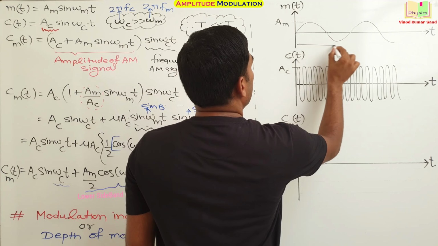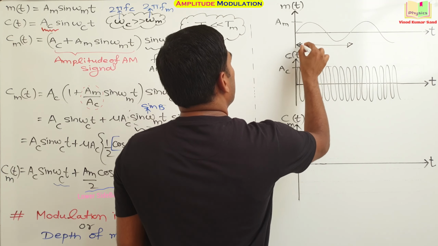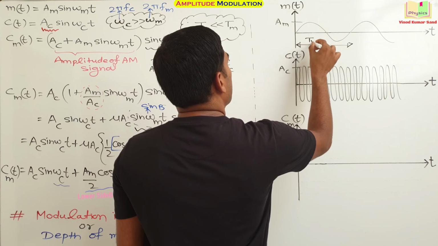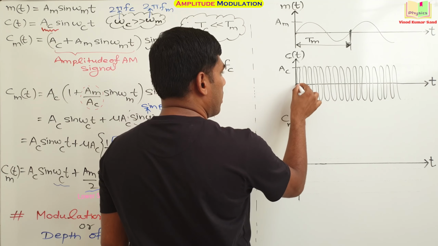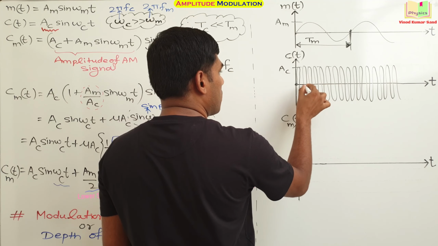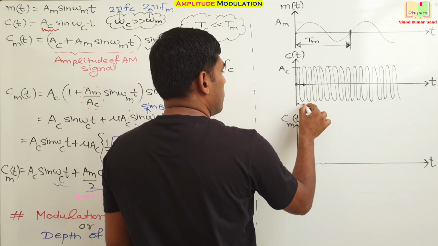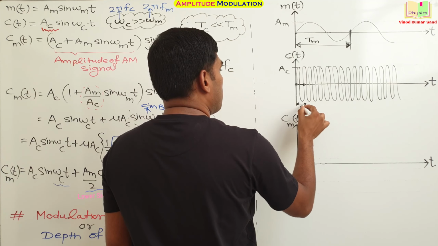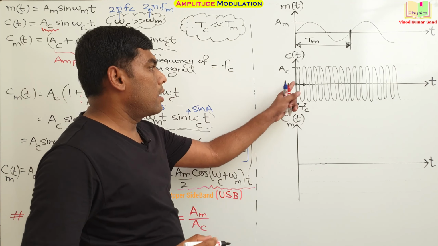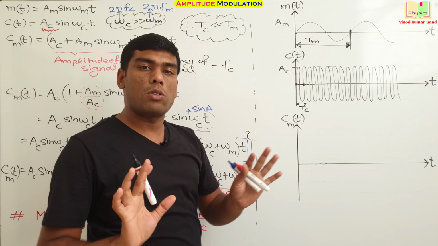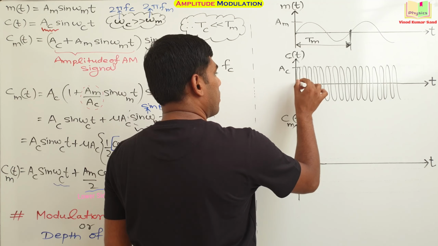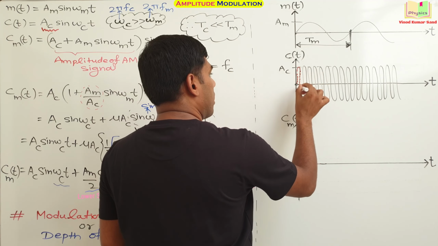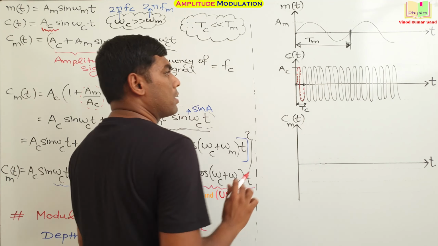This time period is TM, time period of the message signal, and this time period starting here and then reaching here, this is TC. Time period of the carrier is much small as compared to the time period of the message signal. Okay, here one cycle of the carrier has been completed.